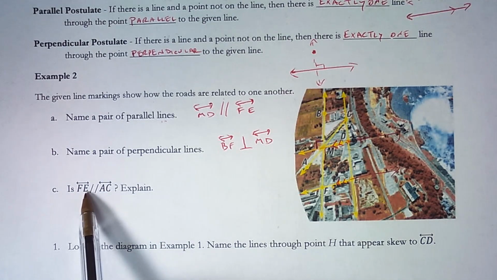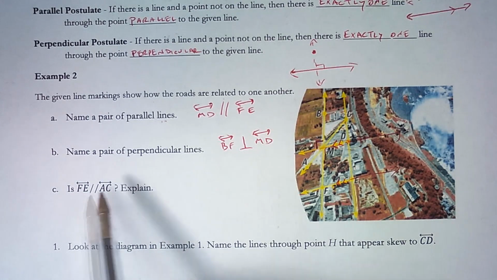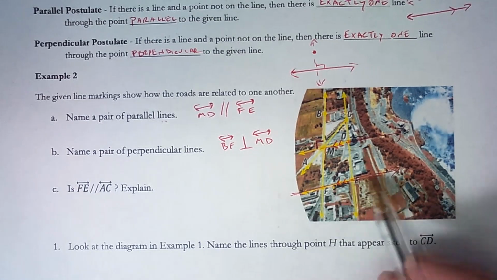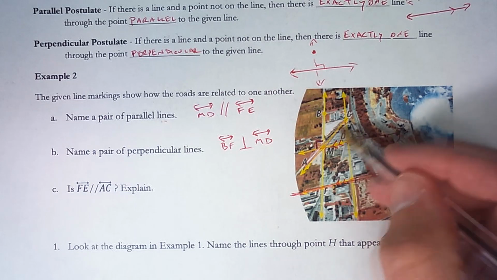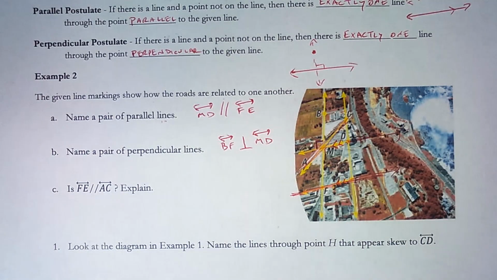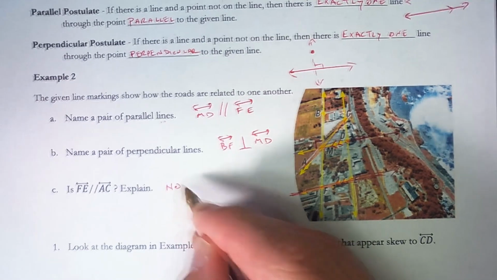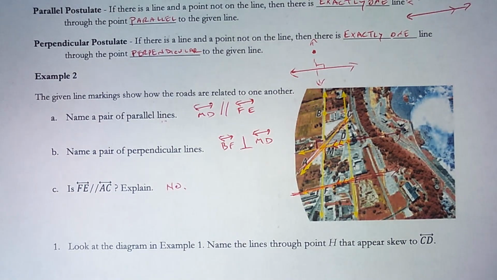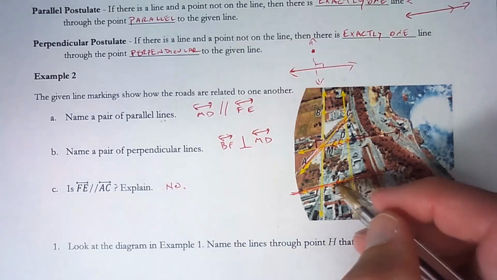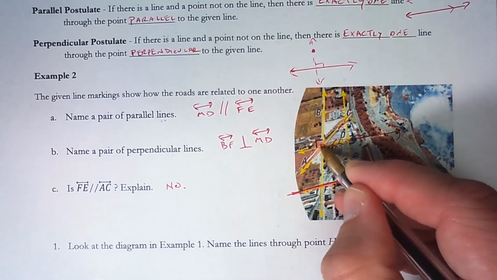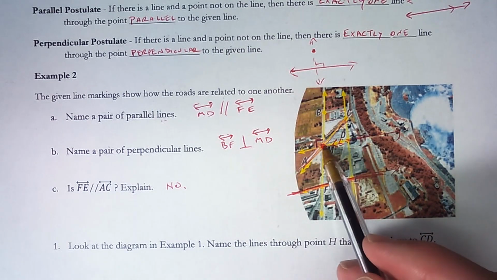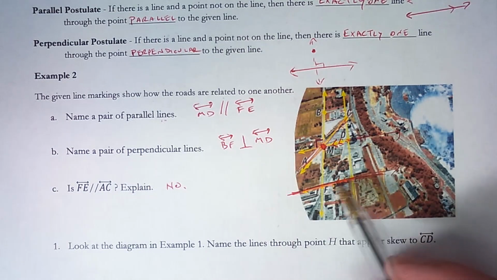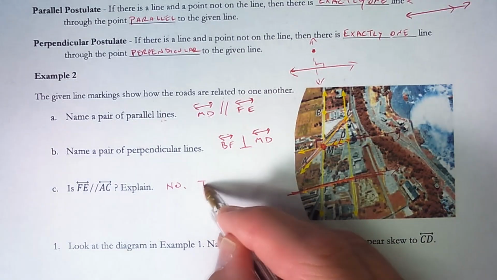Is it even possible that line FE, so that's this line right here, is parallel to line AC? Now, I know they certainly don't look parallel, but is it possible? And the answer is no. The reason is that there's already a line through this point M that is parallel to FE.